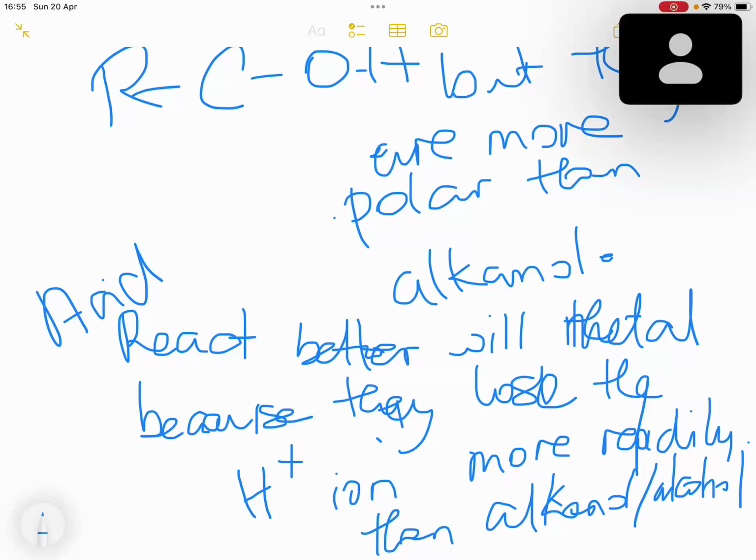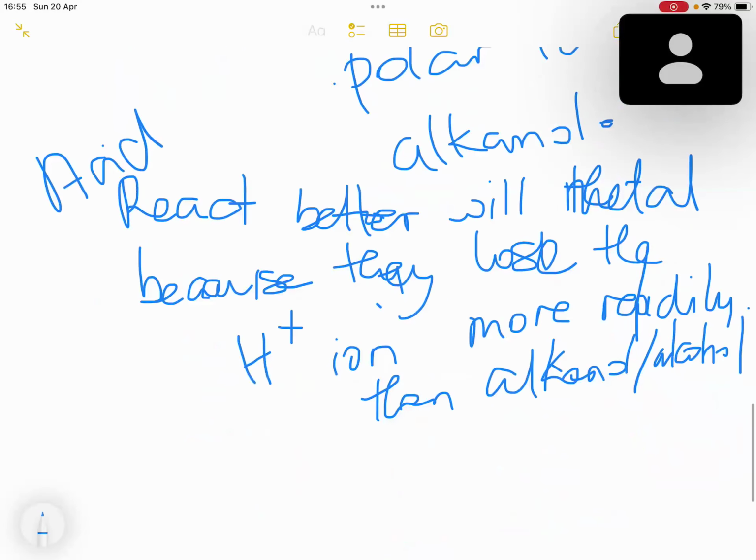And again, we're only covering this because it does answer a past paper question. Anything that comes up in a past paper question that we're going to do today, we need to be able to look at.